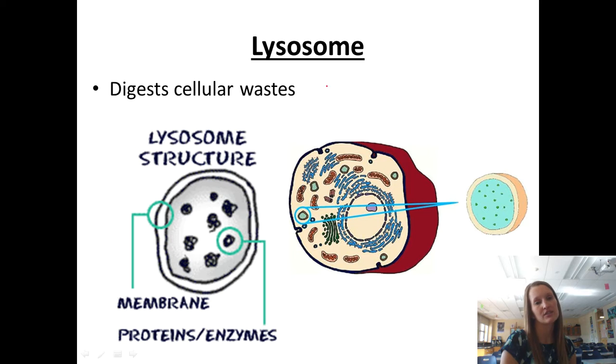And so what it says lysosomes do is they digest these wastes. They break them down. So, interesting fact, if you look over here, lysosomes contain enzymes, right? So those enzymes help break down molecules, just like we digest lactose using the lactase enzyme. There's enzymes in here that help digest things for our cell.